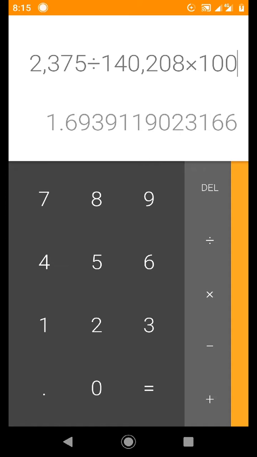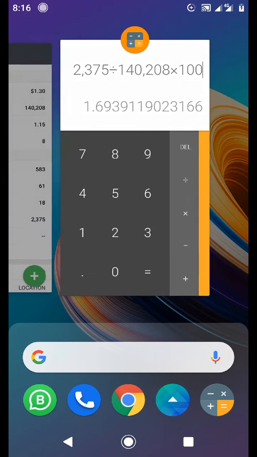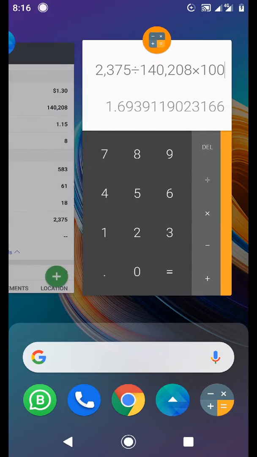We can see this is 1.69. So it's about 1.7%, which is a pass mark.